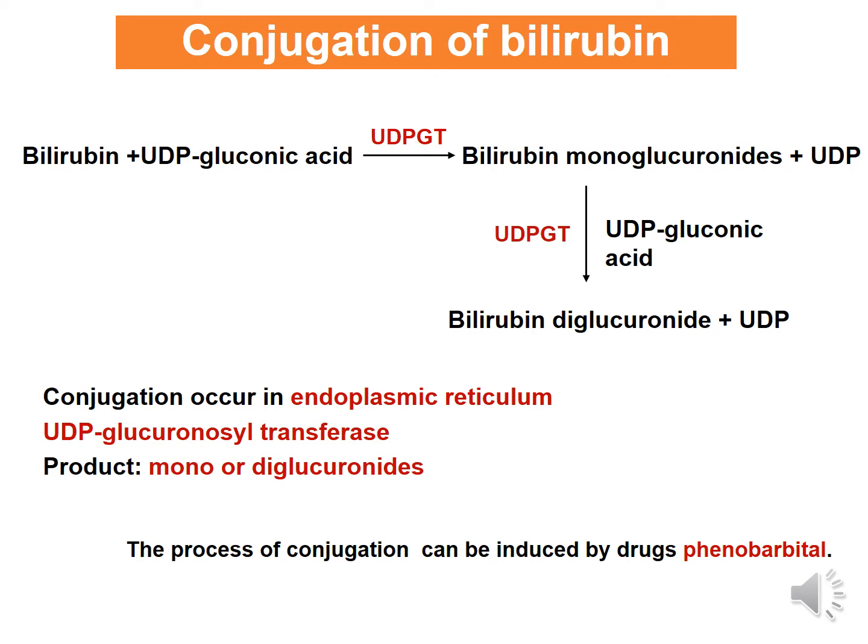The reactions are catalyzed by microsomal bilirubin UDP glucuronyl transferase, using uridyl diphosphate glucuronic acid as the glucuronate donor. The bilirubin diglucuronide product is referred to as conjugated bilirubin. The process of conjugation can be induced by drugs like phenobarbital.